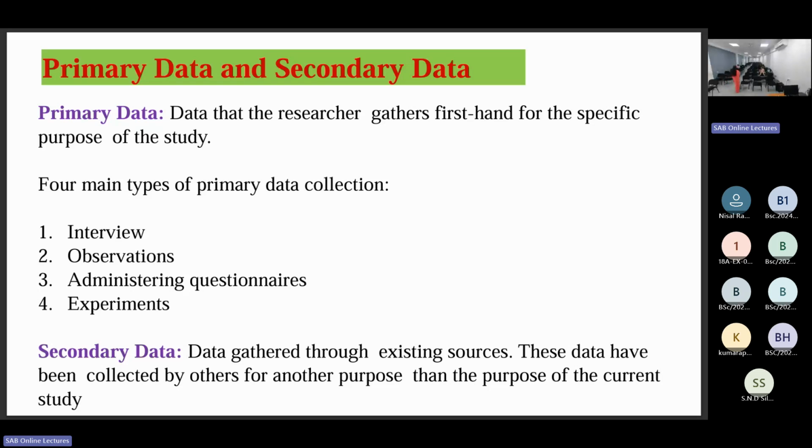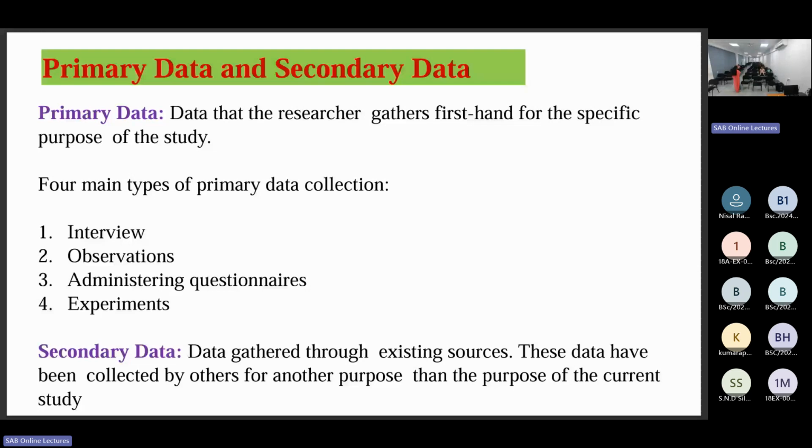As I remember, last week I explained that the census and statistics department collects data. In which kind of scenarios? If they want to have an idea regarding the Sri Lankan population, they collect the Sri Lankan population metrics every few years.